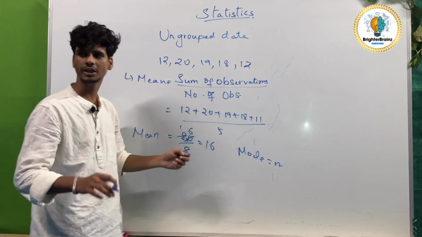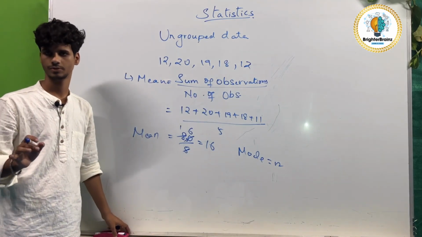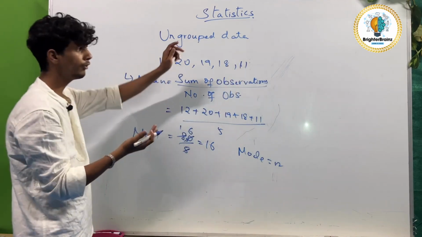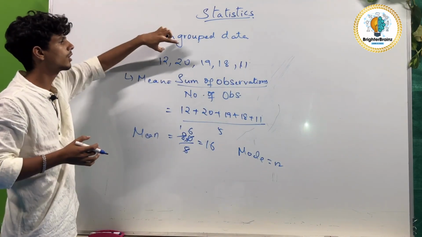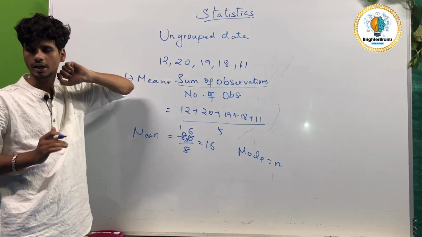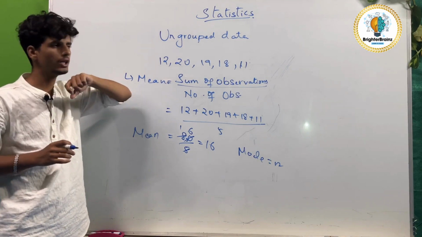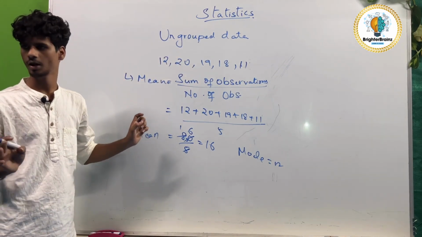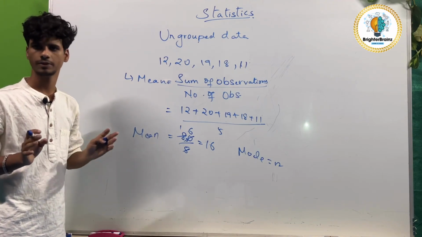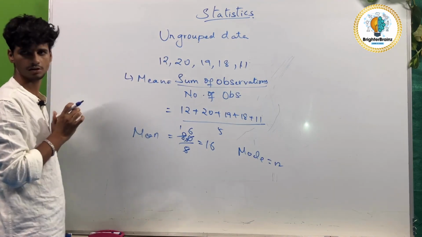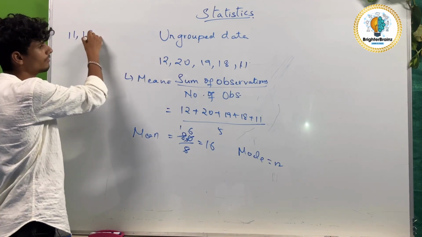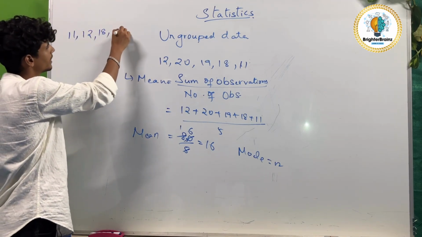And how do you find the median? Before finding the median, you need to sort the observations in ascending order. Whether it is ascending or descending, no worries, but it should be in an order. So first 11, next 12, next 18, 19, 20.